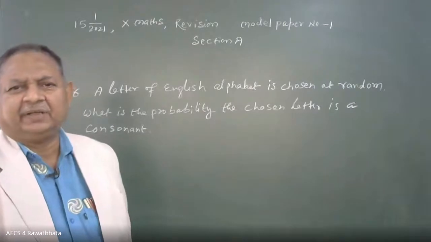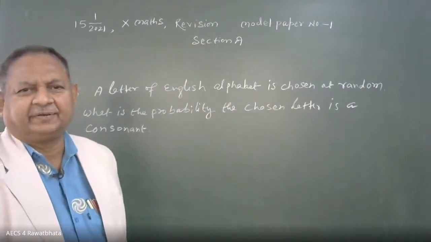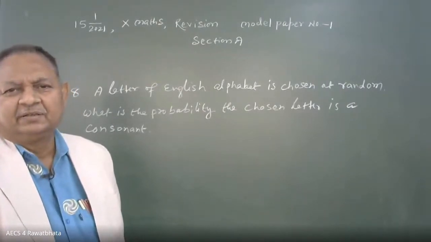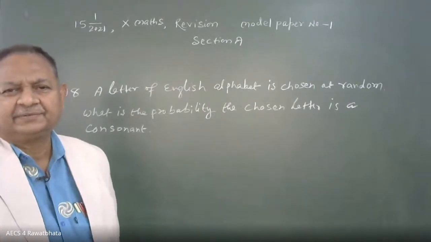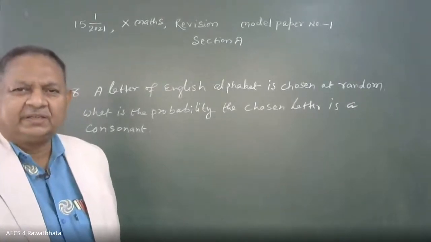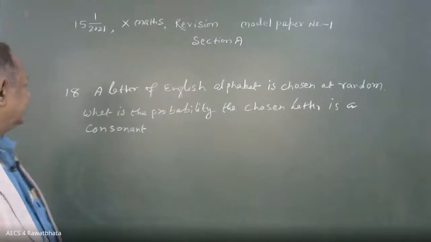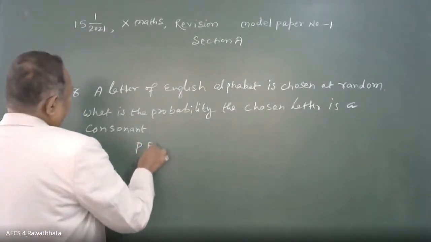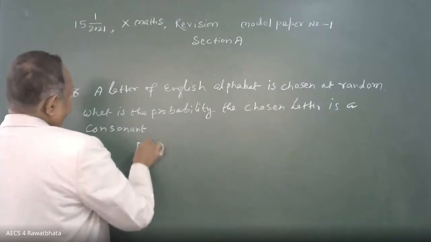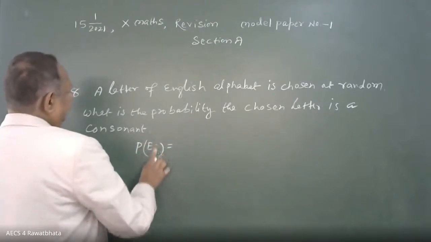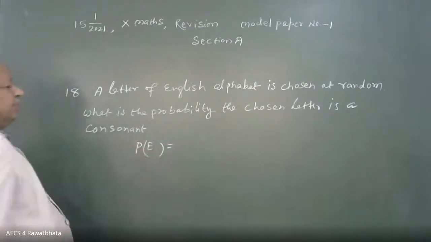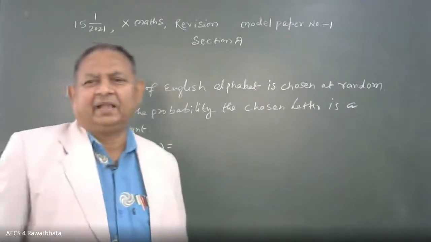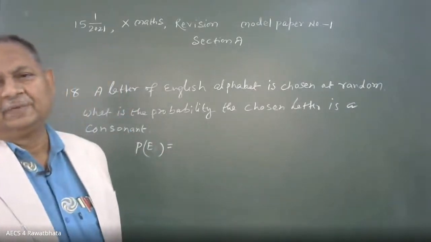So probability of an event, P(E), is the number of favorable outcomes divided by the total number of outcomes. There are 21 consonants and 5 vowels, so the favorable outcomes are 21.